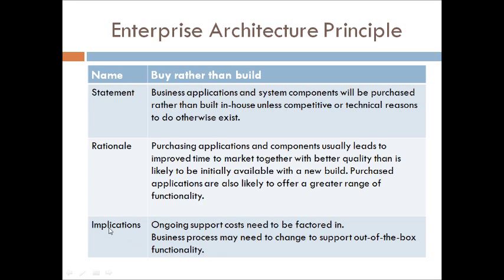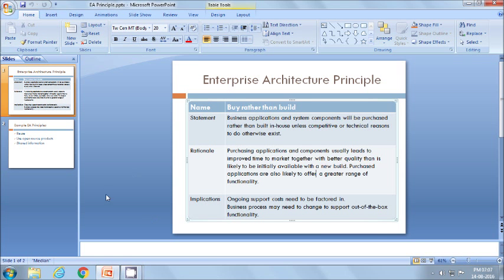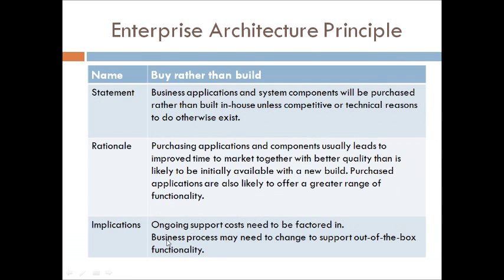The other section of the enterprise architecture principle is implications. Implications are any additional factors, or we can say side effects, which you may have to consider in order to adopt the enterprise architecture principle. There are a couple of implications for our architecture principle example.